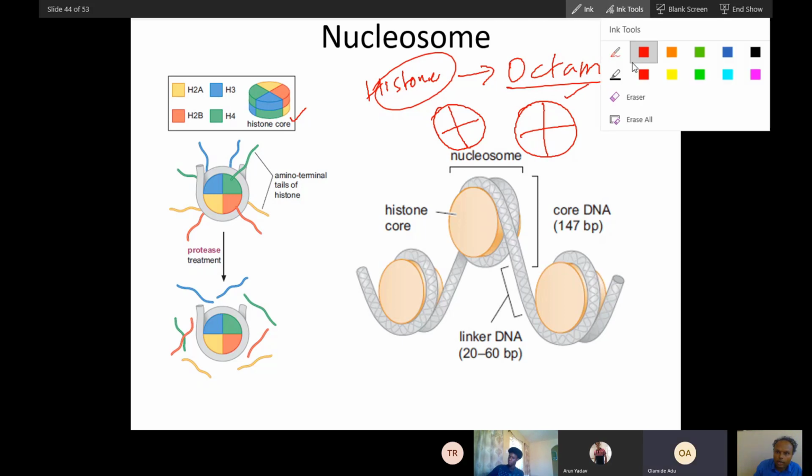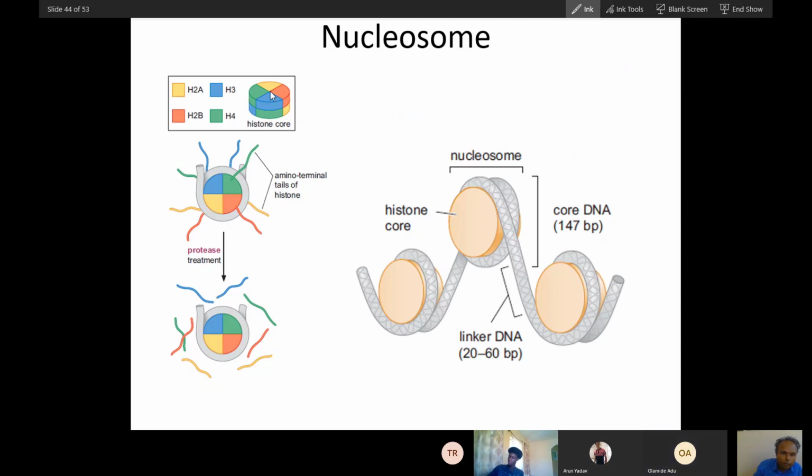So histone is an octameric protein, that means it has 8 proteins. This octameric protein is made up of H2A, H2B, H3, and H4. They will come together and form an octamer.